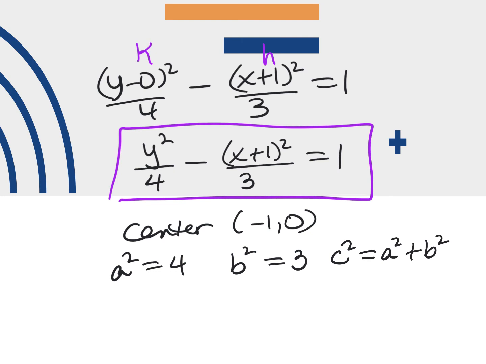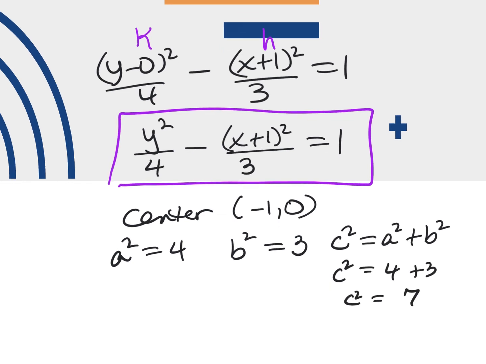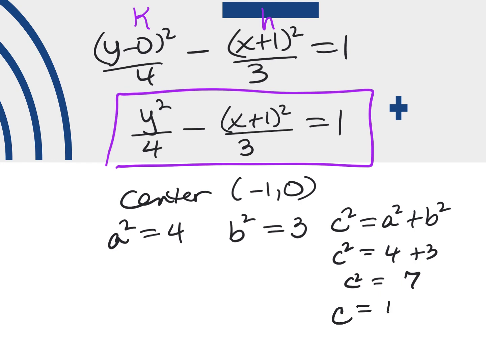So I can go ahead and plug in 4 plus 3, c squared equals 7. So c is equal to plus and minus the square root of 7. Now, for the vertices, remember we're using the a value, and my a value is plus and minus 2, and then b is plus and minus square root 3.